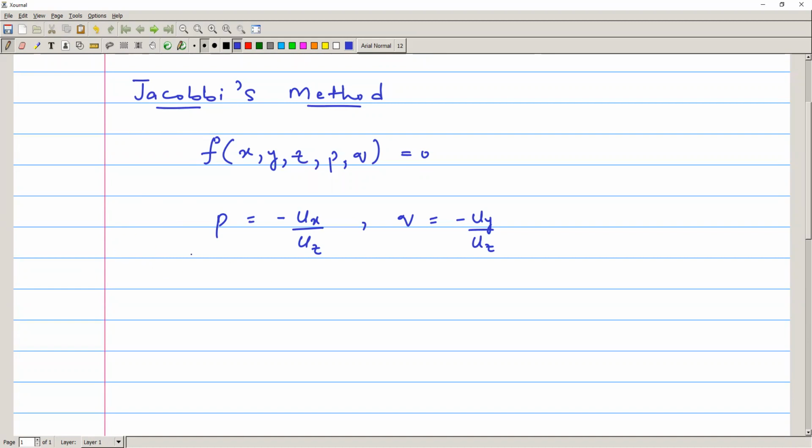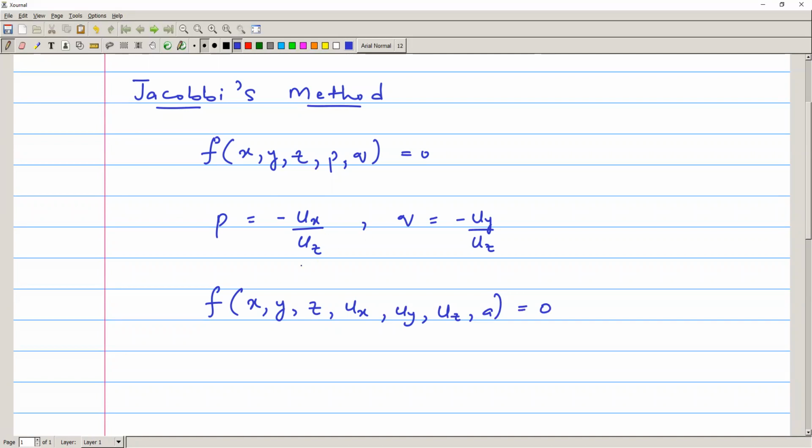So the problem will be transformed from p, q to ux, uy and uz. So we will have a function of the form f of x, y, z, ux, uy, uz, and a, where this a represents a constant.